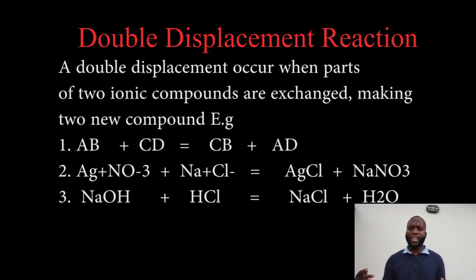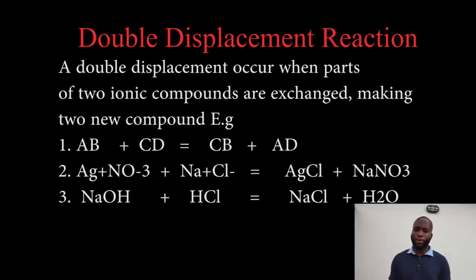So by exchange of radicals, sodium that has a positive charge will combine with chlorine that has a negative charge to give us sodium chloride. While hydrogen that has a positive charge will combine with the hydroxy group that has a negative charge to give us H2O. This is how a double displacement reaction is formed in chemistry.